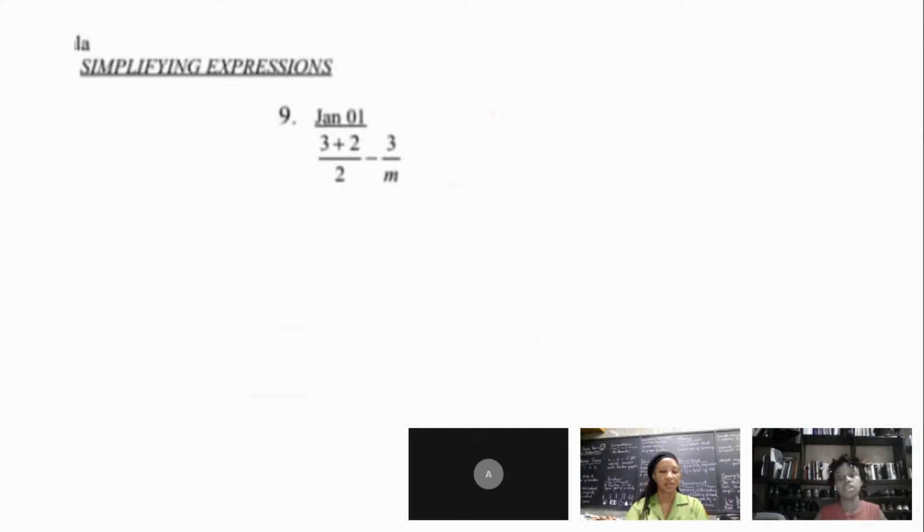Okay, Miss. So the first thing we want to do is get a common multiple of the denominators 2 and m, and a common multiple for them would be 2m. So we're going to put 2m as the common denominator. And then we're going to say 2 into 2m, and that goes m times.